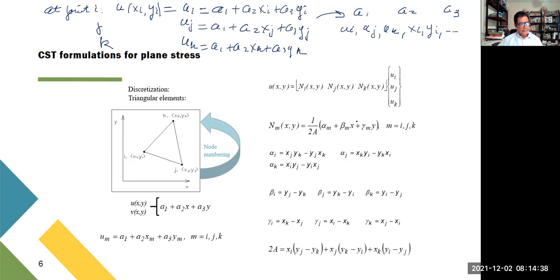Here, you could identify who is A1, because A1 is the constant. So A1 is going to be what? It's going to be this term here. If you take alpha I multiplied by UI divided by 2A, that's going to be the first part. Then you also have here a constant term, and here you also have a constant term.